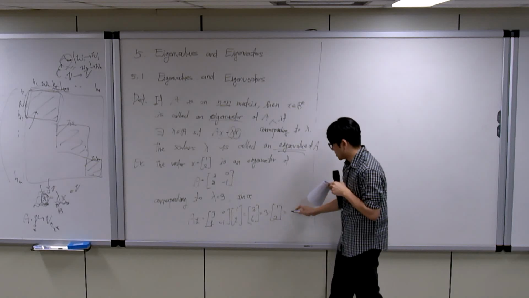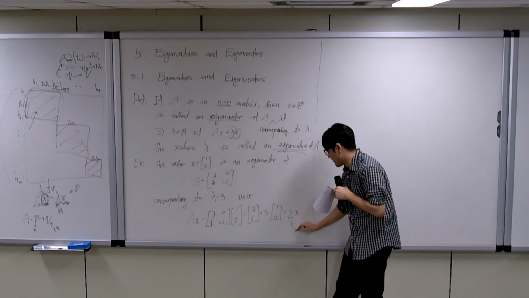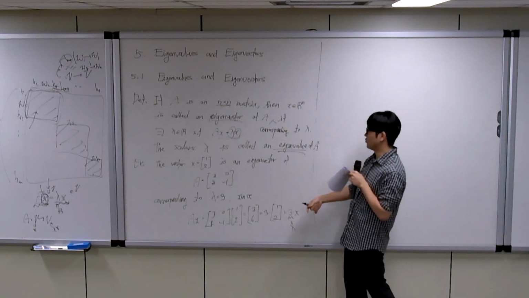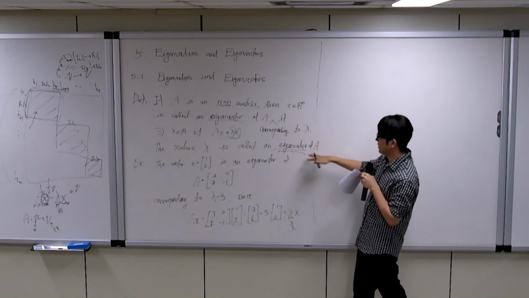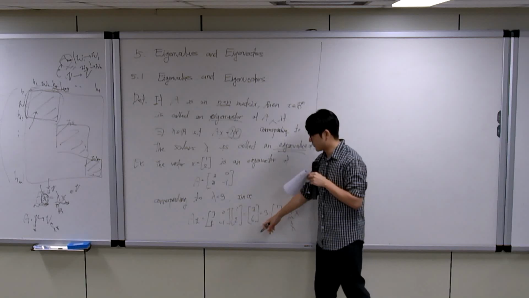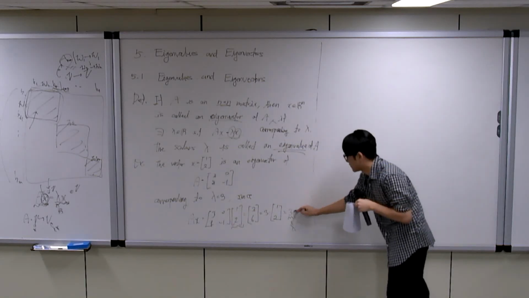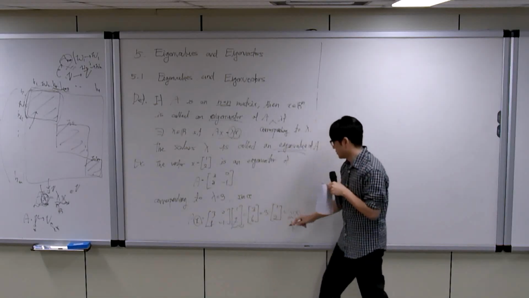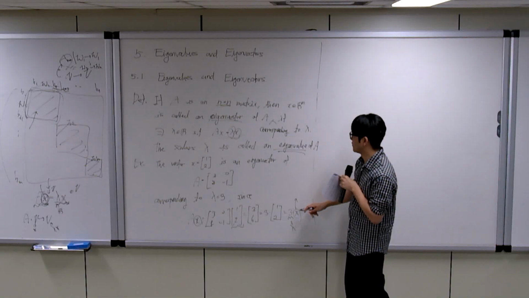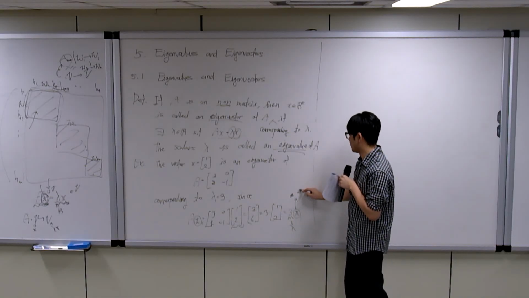So it is 3x, and we define lambda is 3. So lambda is an eigenvalue, and from here the vector x is an eigenvector.